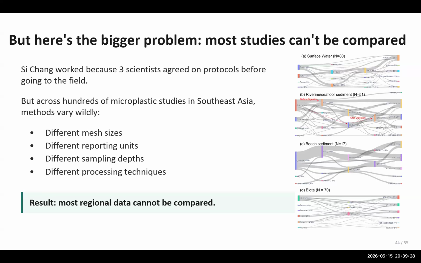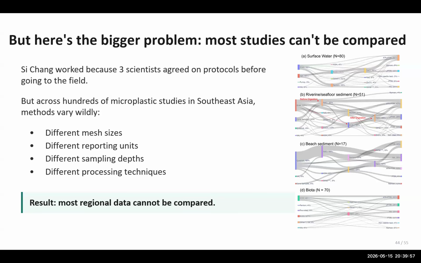For example, across hundreds of studies of microplastics in Southeast Asia, including Indonesia, Thailand, Malaysia, and many other countries, they are using very different methods. They sometimes use different mesh sizes for the Neuston net, or report in different units. Some people report microplastics per cubic meter, others per square meter, or they measure at different depths.